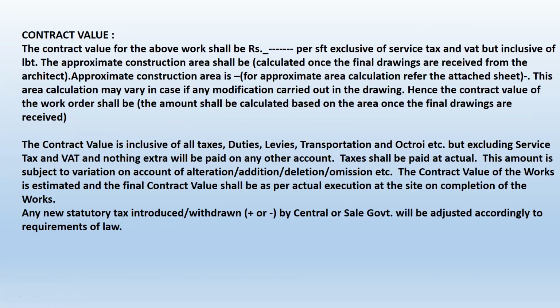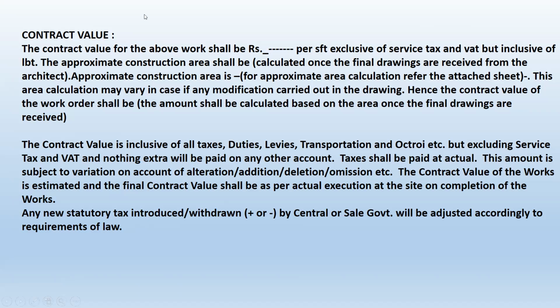Then comes the contract value. Now you are going to talk about the contract value because as it is on a square feet basis, you will be mentioning the value is X amount for so many square feet, and whether that is inclusive of taxes or not. That has to be identified, whether it is inclusive or exclusive of taxes.